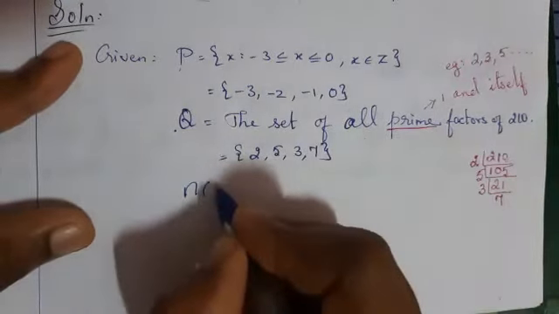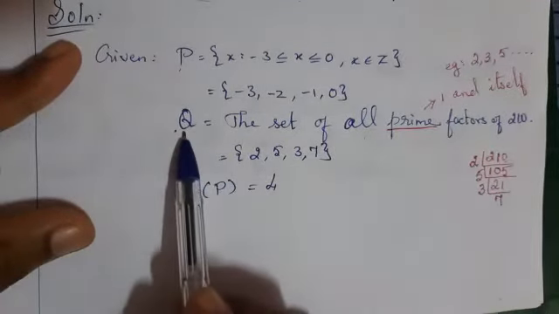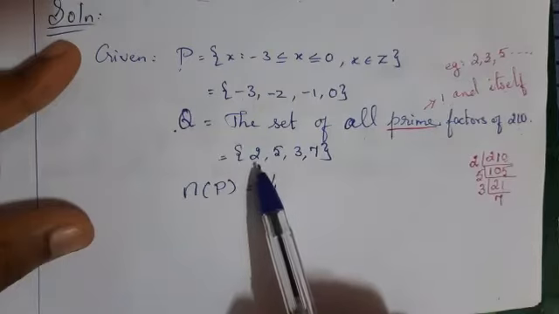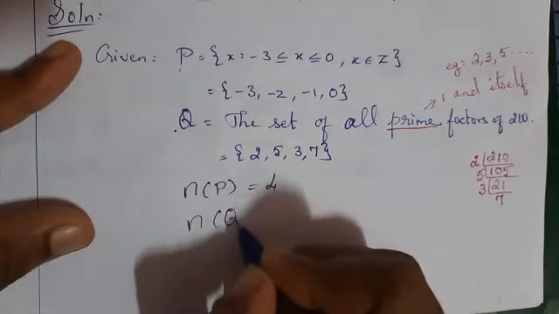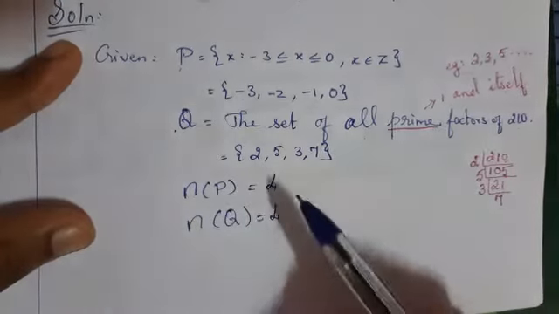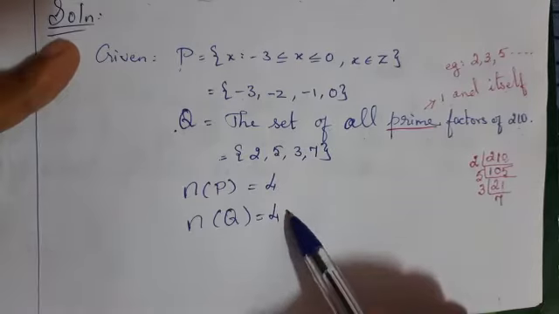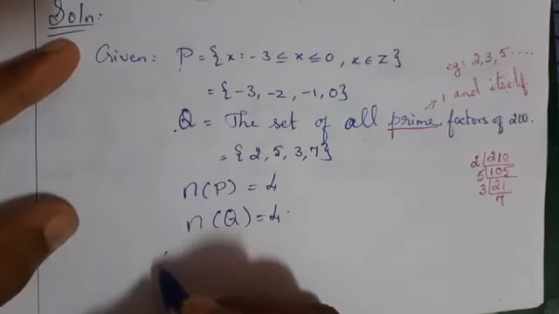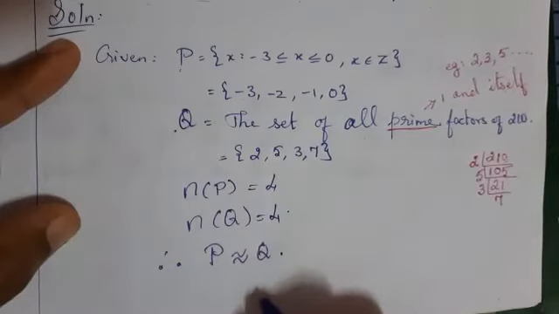Therefore, n(P) is equal to 4. Then, in the set capital Q, how many elements do you have? 1, 2, 3, 4. Therefore, n(Q) is equal to 4. Now, see, sets P and Q have the same number of elements. Therefore, capital P is equivalent to capital Q.